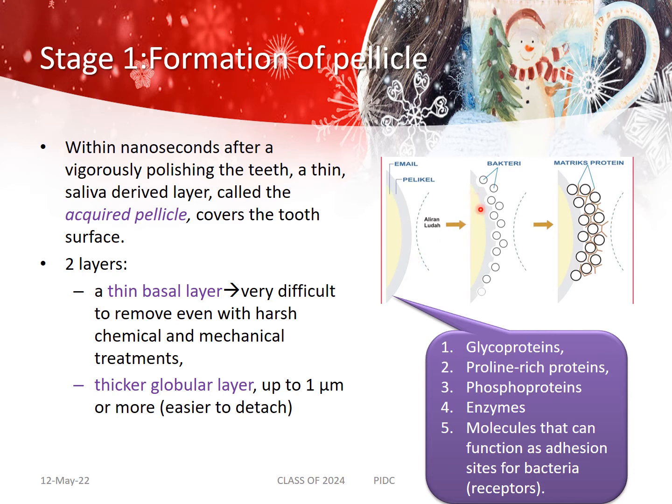The bottommost layer, which is a little gray in color, is very difficult to remove even with harsh chemicals and mechanical treatment. And above it there is a thick globular layer. The acquired pellicle contains glycoproteins, proline-rich proteins, phosphoproteins, enzymes, and molecules that can function as adhesion sites, as receptors for the bacteria.